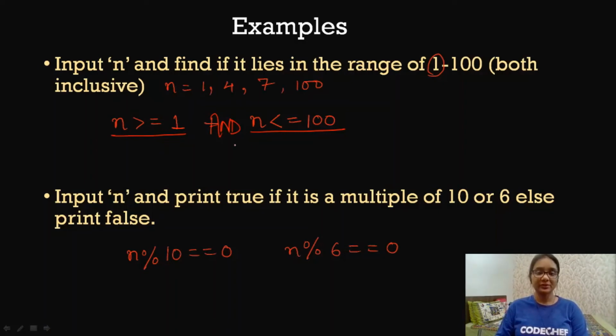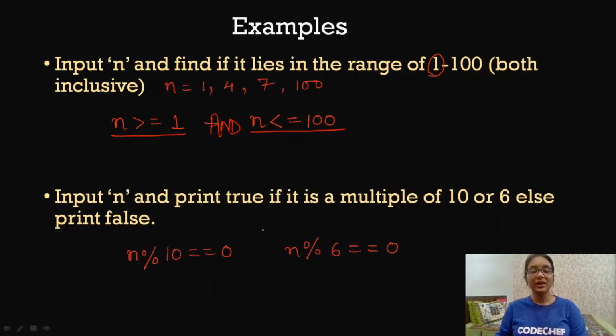Now look at the second scenario where we had to check that if n is a multiple of 10 or it is a multiple of 6, then we have to print true, otherwise we have to print false. So these are the two conditions: n modulus 10 equal to 0 and n modulus 6 equal to 0.